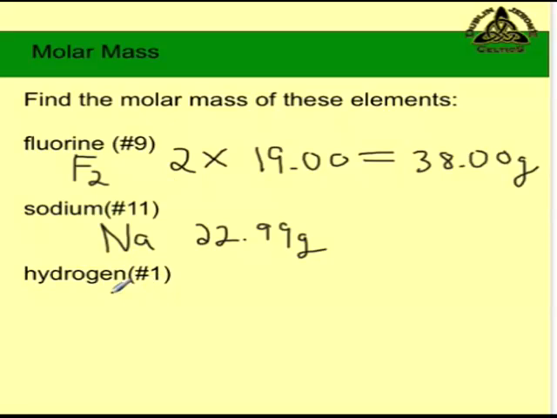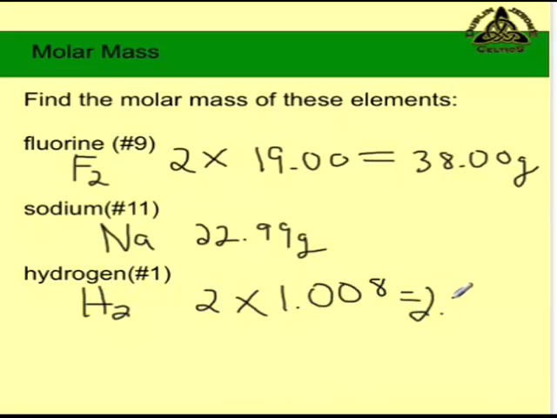Hydrogen. Hydrogen is a diatomic element. It's H2, not just H. So what we have to do is double the value that we see in the periodic table, which is 1.008, and we would get 2.016 grams.